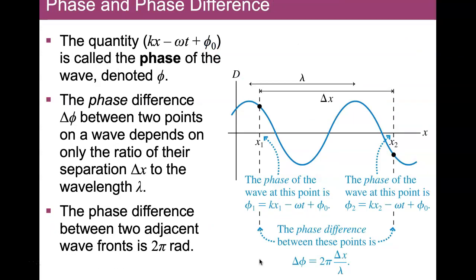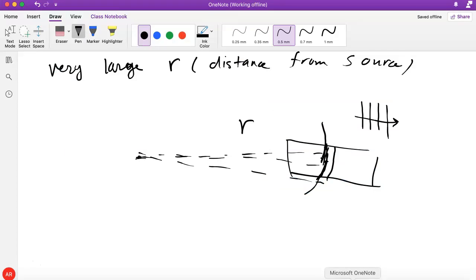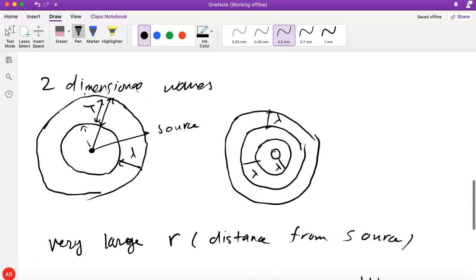Okay, so how to describe this? Well, let's go back to our notes. So looking at this picture, if that's the snapshot, we see that the distance between the different wavefronts is lambda.